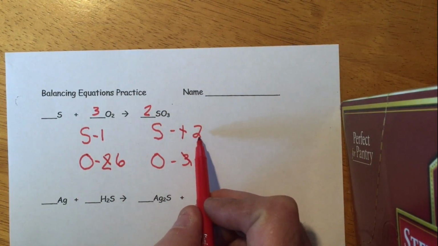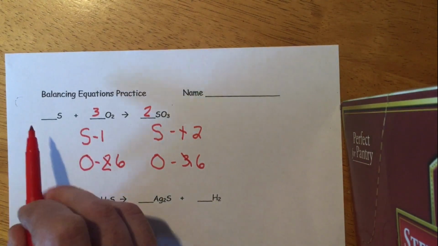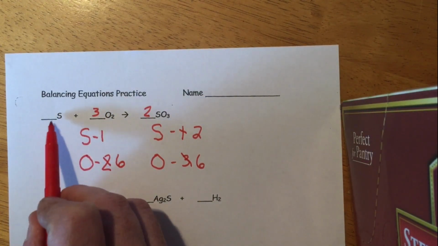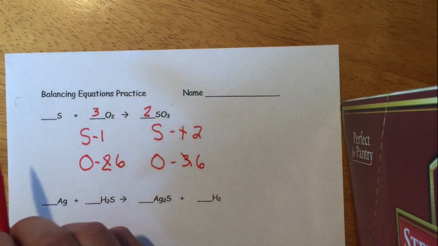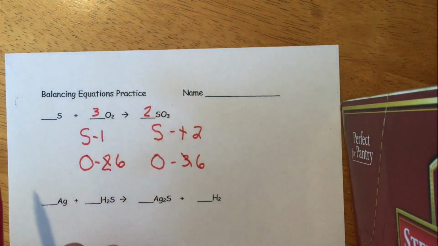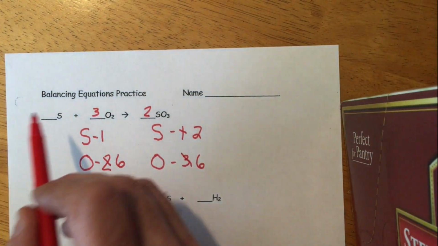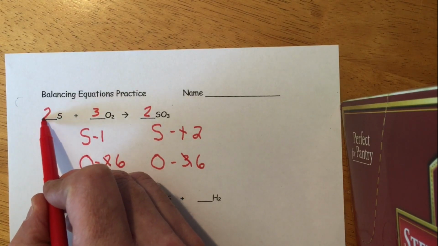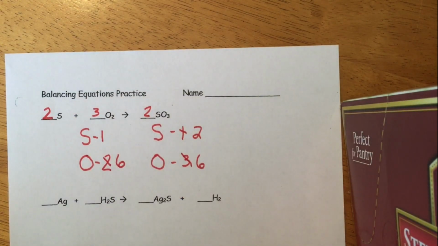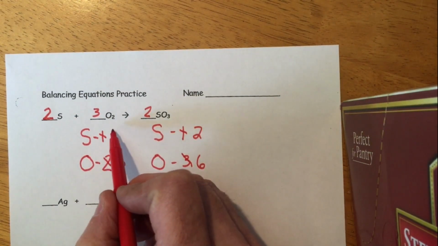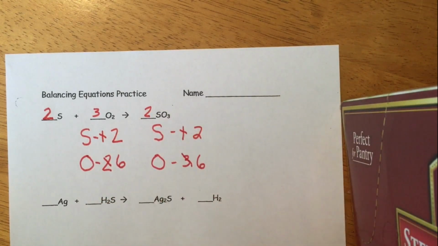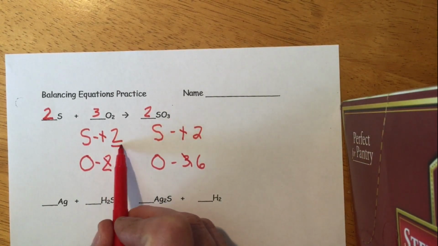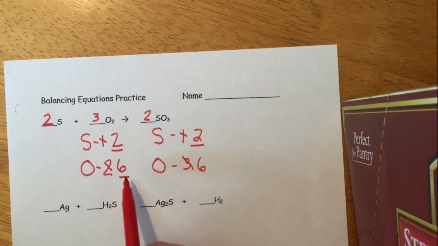So now I have 2 on the right and 1 on the left. If we go over here and look at the sulfur on the left side up here, I wonder how we could get 2 sulfurs. And I hope you're thinking, hey, just put a 2. So by putting a 2 coefficient on the left side, we now can change that to a 2. And we have now balanced sulfur on each side, oxygen on each side.